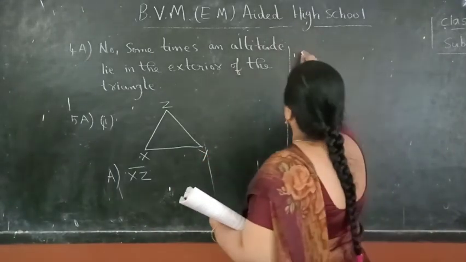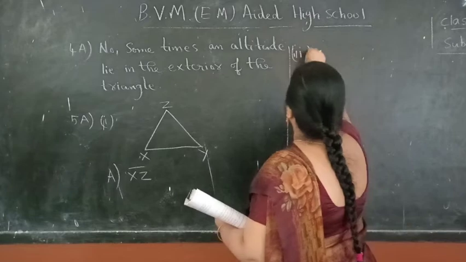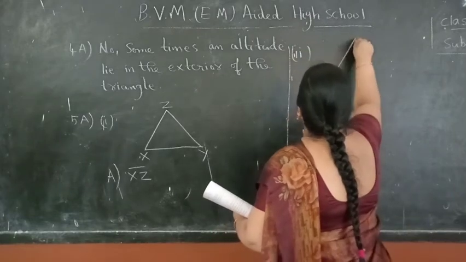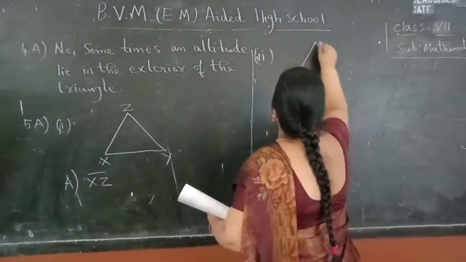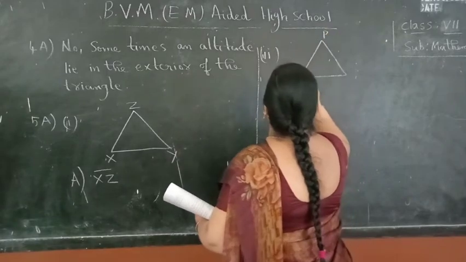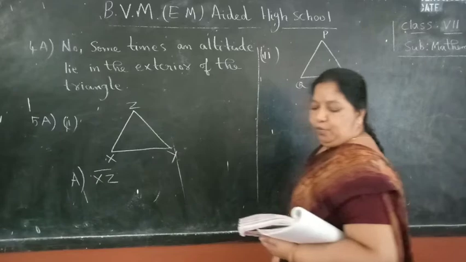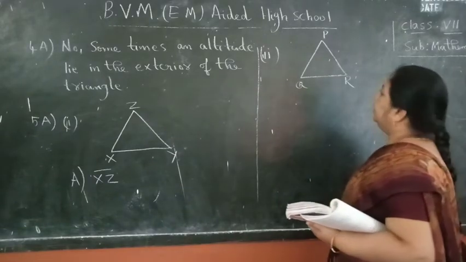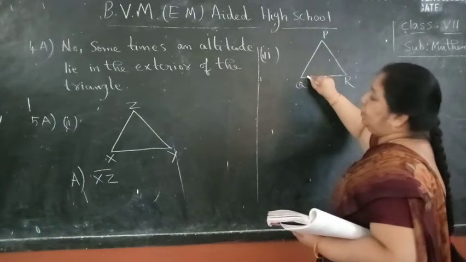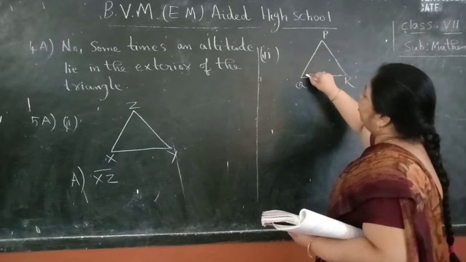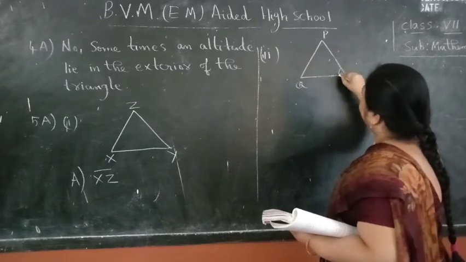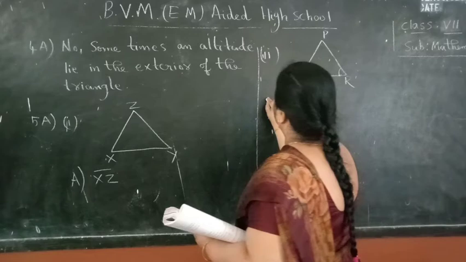In triangle PQR, the angle opposite to side PQ. Side PQ, opposite angle.